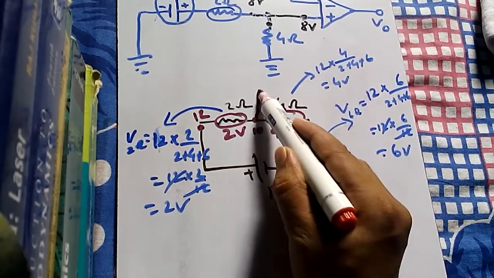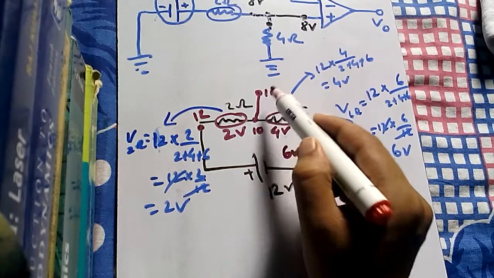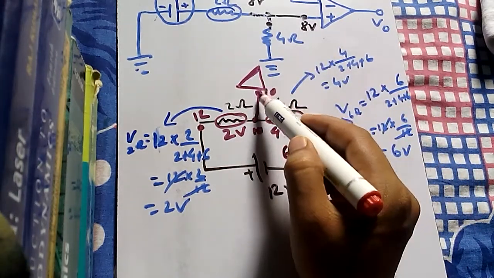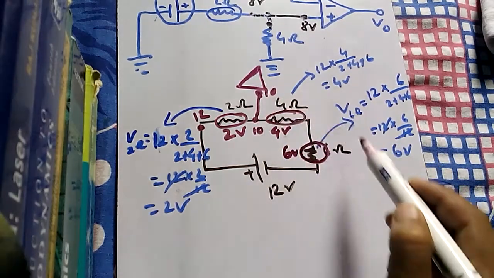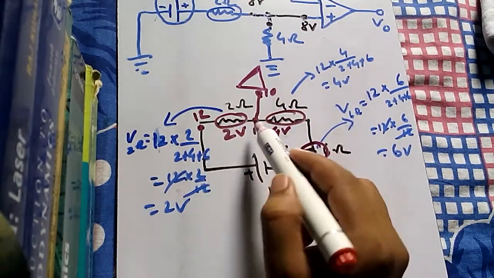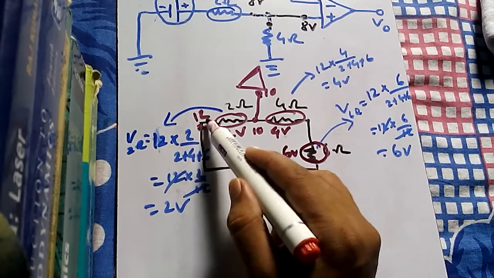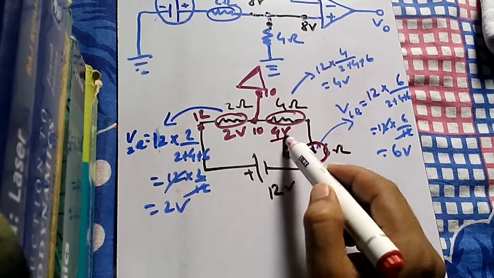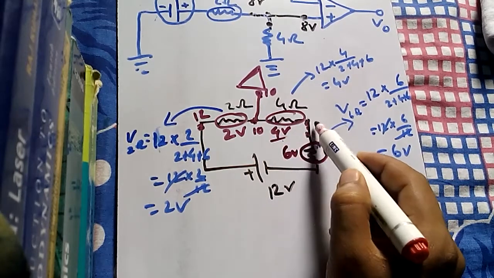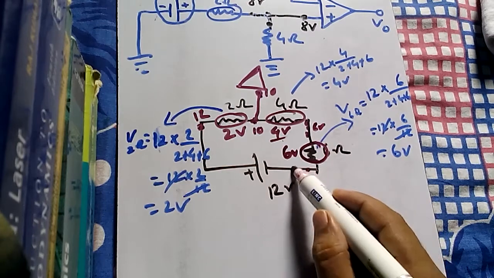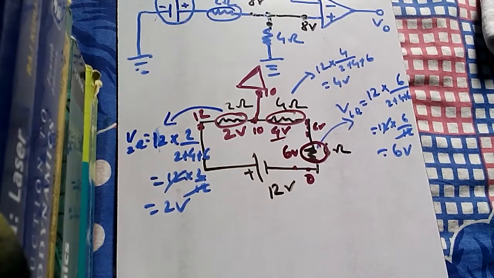If you take out any terminal, it will have 10 volt, and if you feed it to any operational amplifier, this voltage will be 10 volt by using the voltage division. Here 4 volt dropped, so at these points the voltage is 6 volt, and here 6 volt dropped, so complete drop is there, so we have 0.